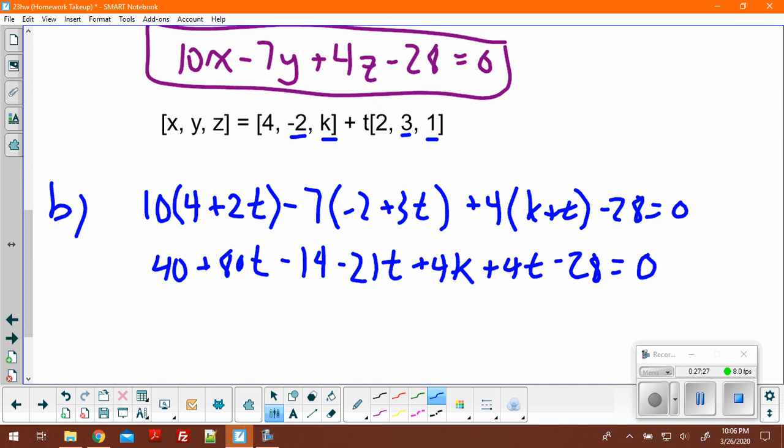Oh, wait, it's not 80. What am I doing? That's 40 plus 20t. Okay, so I can see there's going to be a little bit of an issue here. So just bear with me for a second. There's something I must need to correct if this question is going to work out.